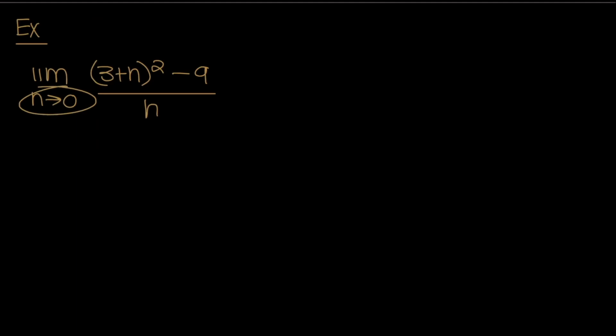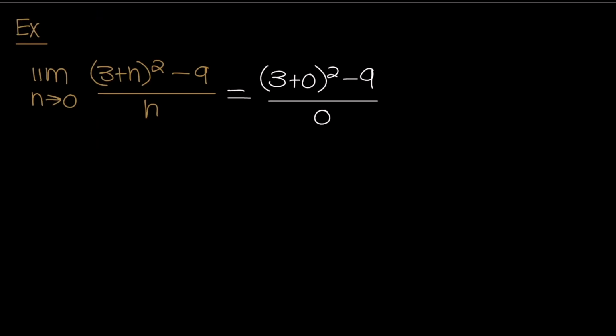Realize that the discontinuity might be at h equals 0, so let's try plugging in first. We're going to try direct substitution. (3 plus 0) squared minus 9 over 0 gives me indeterminate form. And now I can try factoring, or at least trying to cancel something.